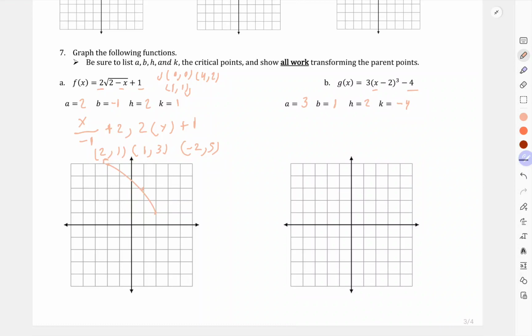As I said before, to identify these parent points, you have to kind of memorize what they are. But essentially you get a hang of it, and by the time that you memorize all of them, you already know them. So for example, we have -1, -1, then 0, 0, and then 1 and 1, right?